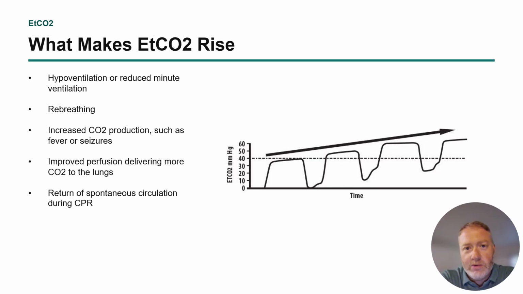Think about somebody who's on a non-rebreather mask, but maybe the flow isn't turned up high enough, and the reservoir bag is collapsed. That patient would be at an extreme risk for rising CO2 just based on the rebreathing of it. Anything that would inherently increase CO2 production in the body, like fever or seizures, things that we don't typically think about. Improved perfusion that delivers more CO2 to the lungs.